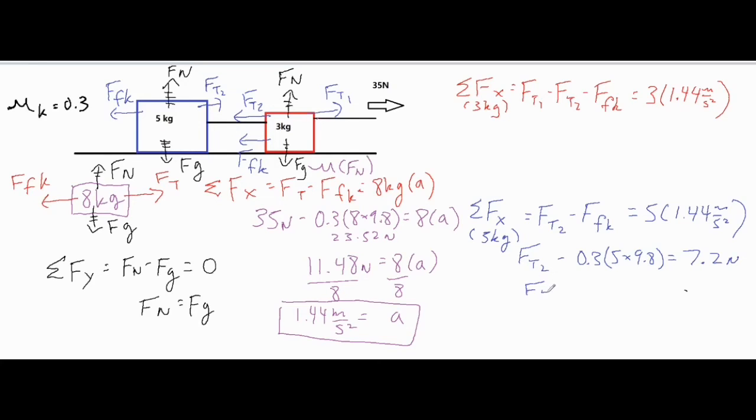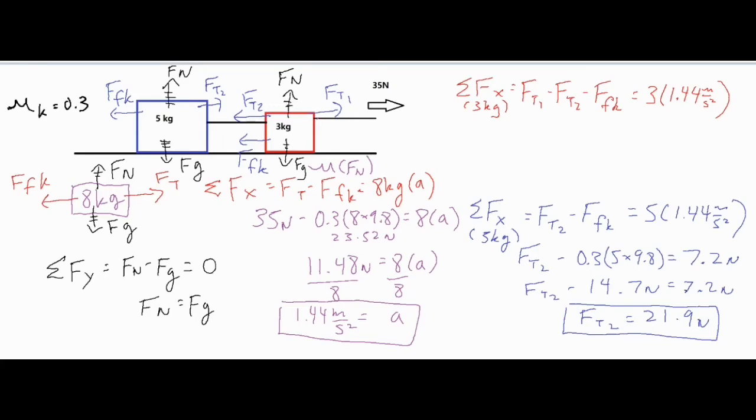So then we have our FT2 minus the product of these numbers, which is 14.7, equal to 7.2. Add 14.7 to both sides. And we have a force of tension of 21.9 newtons.